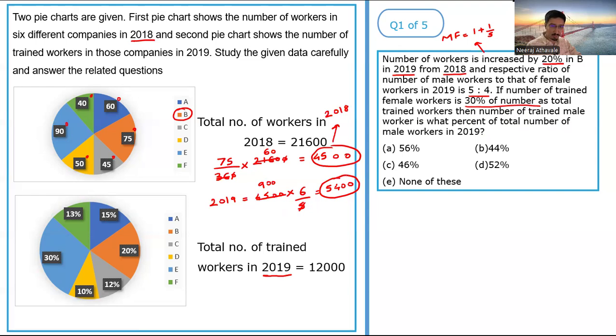Now these are the total workers in 2019. The male workers we will get from this ratio 5:4. The first value is of male. So it is 5 upon 5 plus 4, that is 9, into 5,400. So we get that value as 3,000.